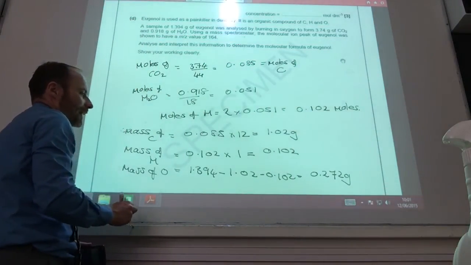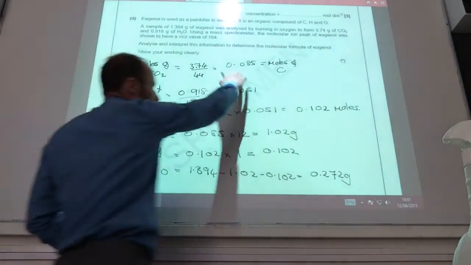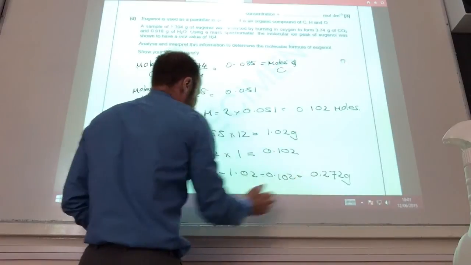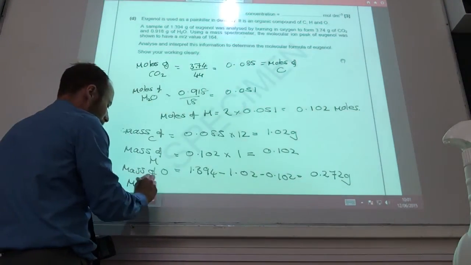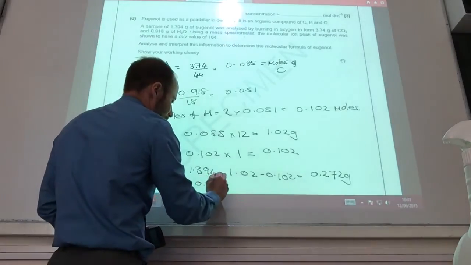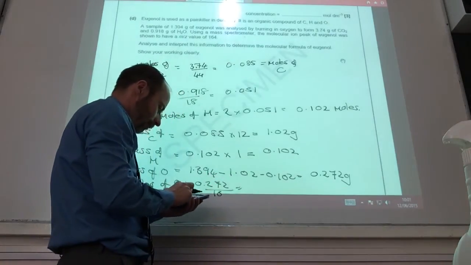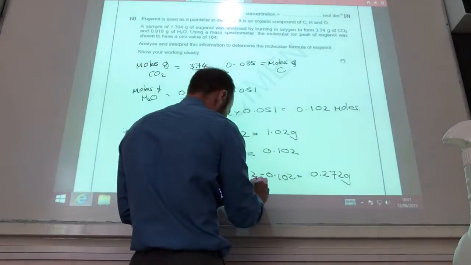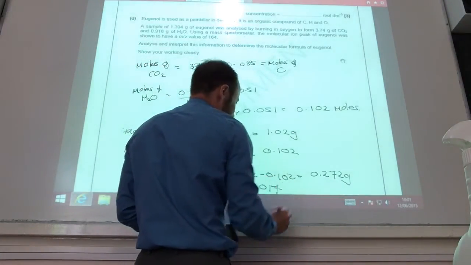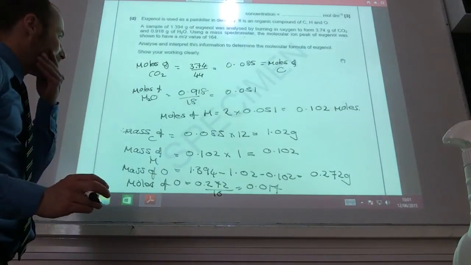Right. Now to work out a formula, I need moles of everything. I've got moles of carbon, moles of hydrogen, so I'm going to convert that into moles of oxygen, which is 0.272 divided by 16, which gives me 0.017. Okay, so I've done that.